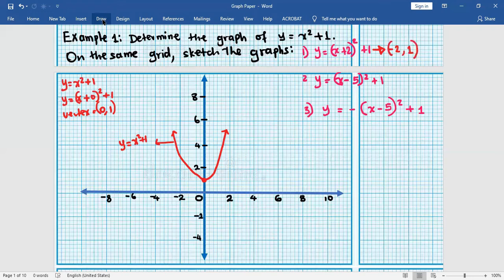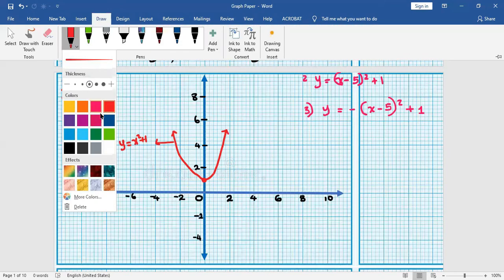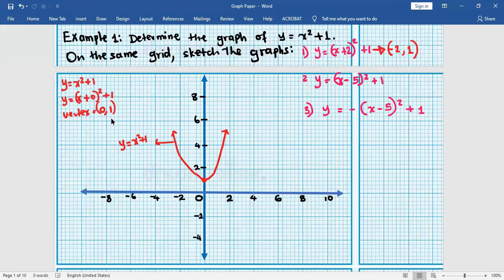So let's also try to sketch that one. The vertex is (minus 2, 1). So this is minus 2 and 1 is here, somewhere like here. So we come up with a sketch.